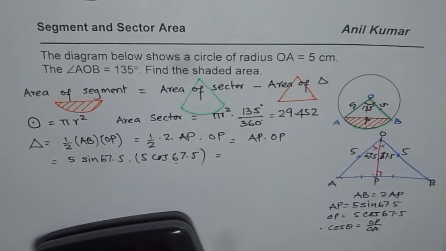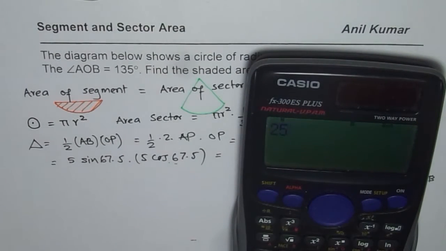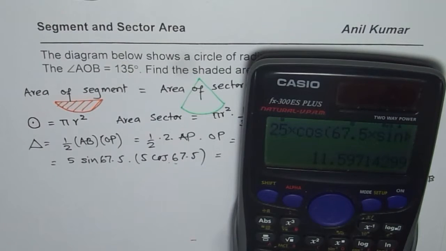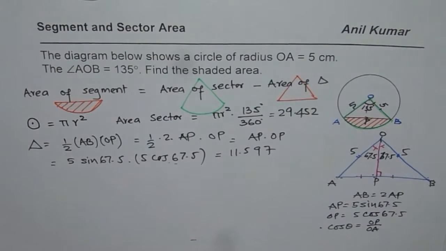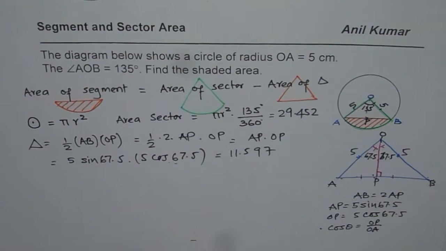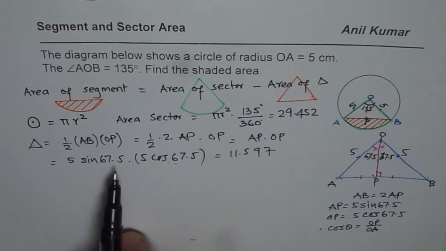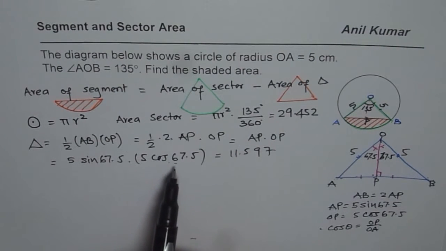So we have 5 times 5 is 25. 25 times cos of 67.5 times sine of 67.5, right? And that gives us the answer 11.597. Some of you can see that we could have worked with 135 degrees also, with half r squared sine theta.